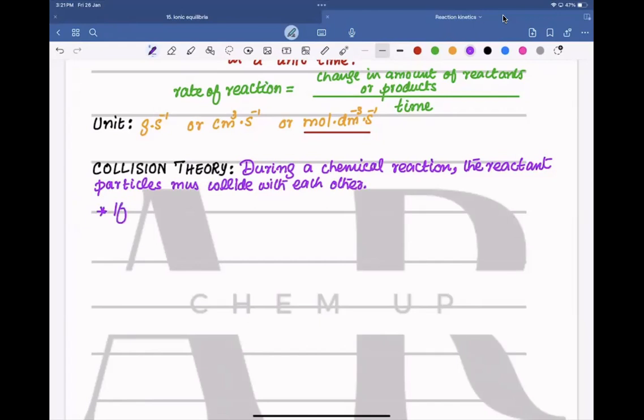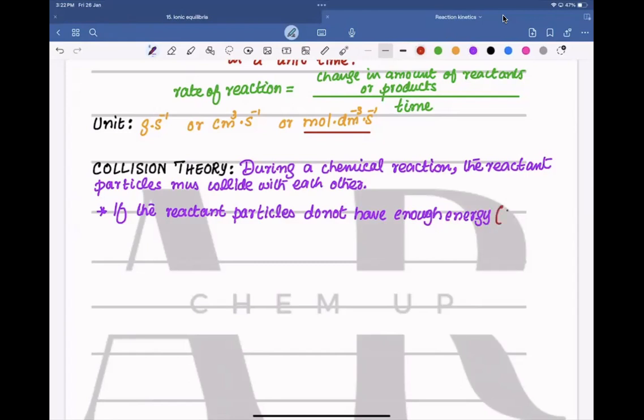If the reactant particles do not have enough energy, and what does enough energy mean?